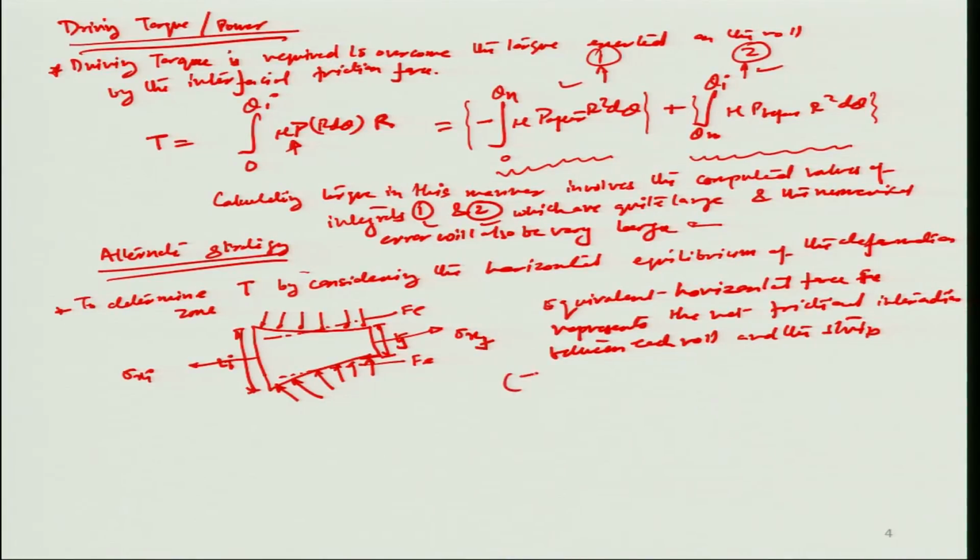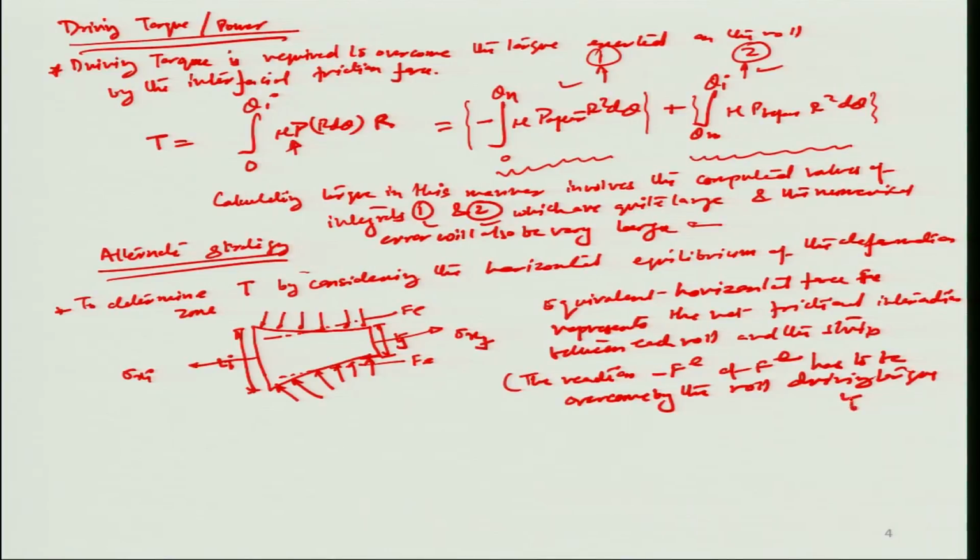So therefore the reaction, minus Fe of this force Fe, has to be overcome by the roll driving torque T. So that is the consideration in this case, and therefore calculating Fe is much of a simpler job than calculating the numerical value of this integral and trying to create the net torque out of it.